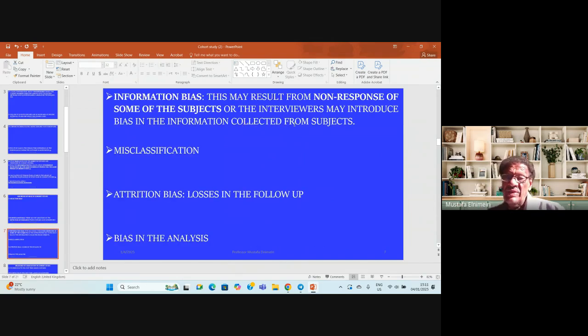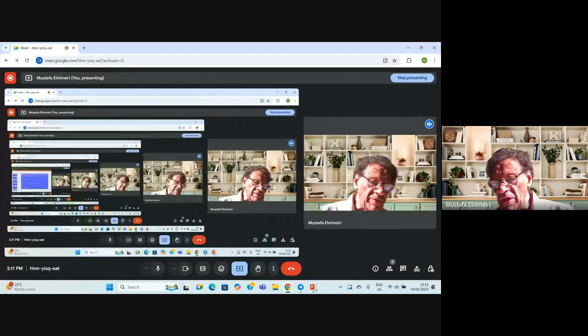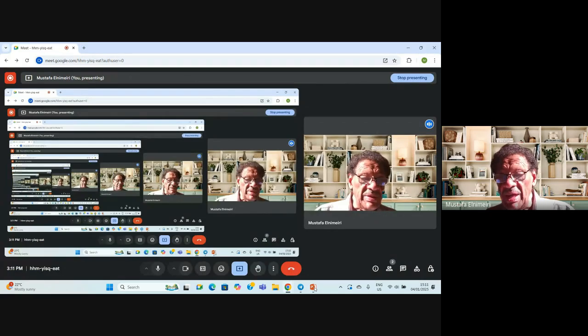Information bias may result from non-response of some of the subjects or the participants, or the interview may introduce bias in the information collected from the subjects. Also, we have misclassification. Sometimes some of the community members may be misclassified.